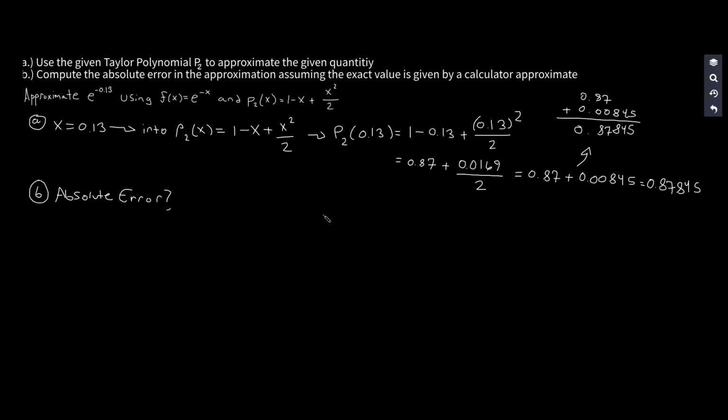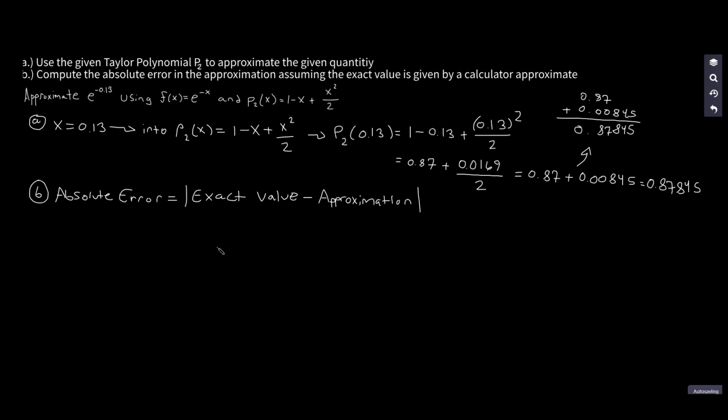So the absolute error is the absolute value of the exact value minus the approximation of what we approximated it to be.